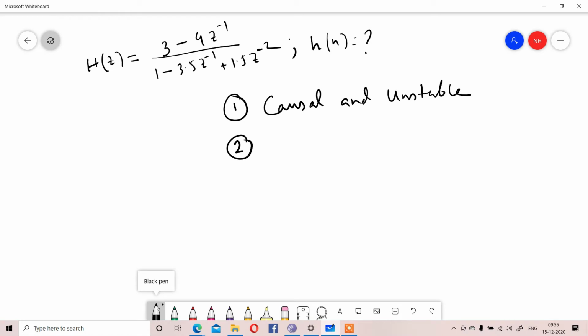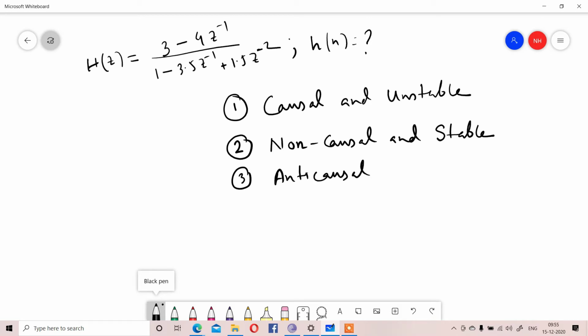Second is the system must be non-causal and stable. And third is anti-causal and unstable.